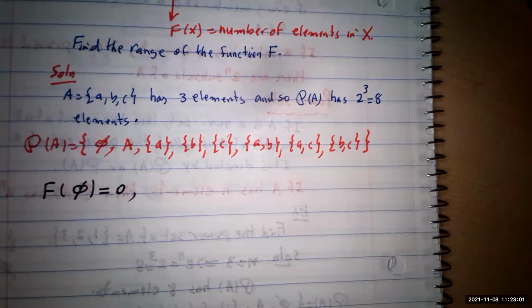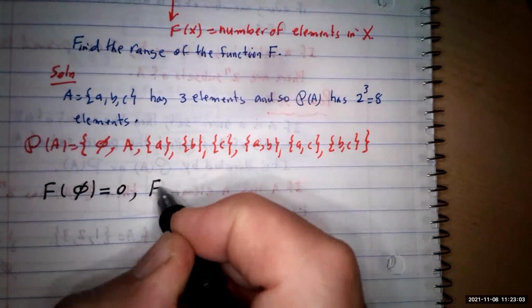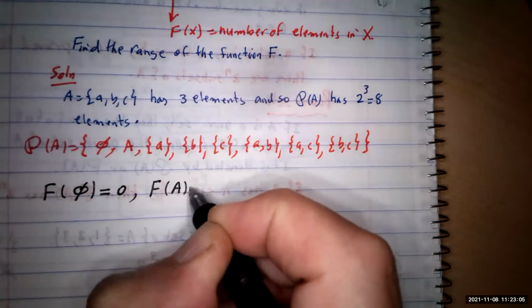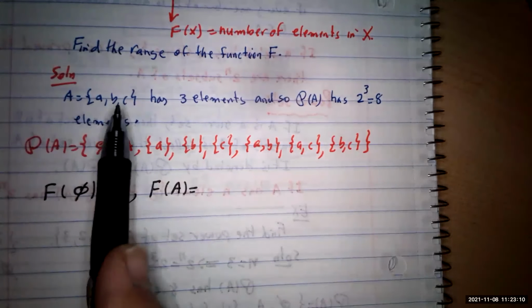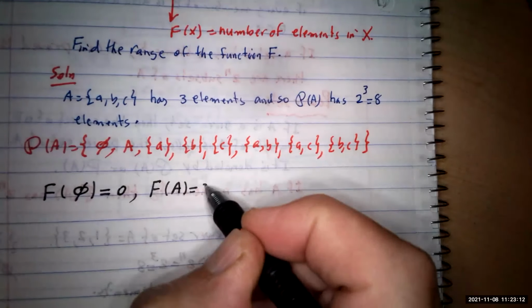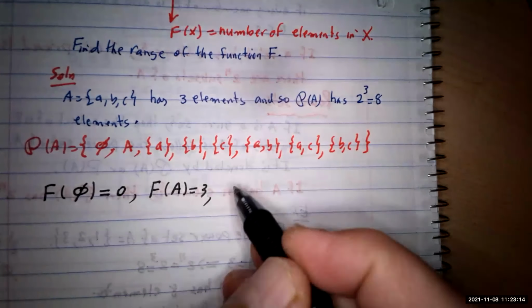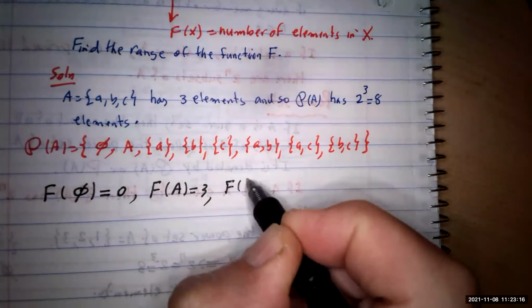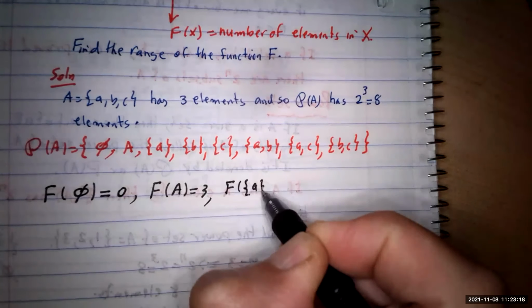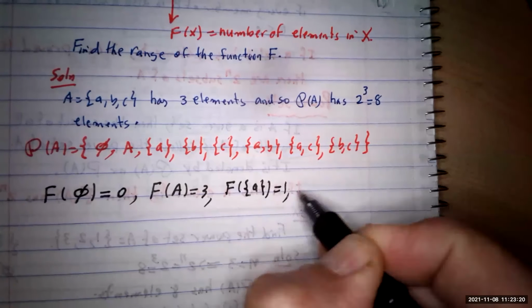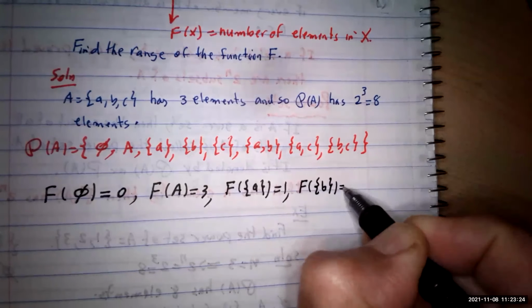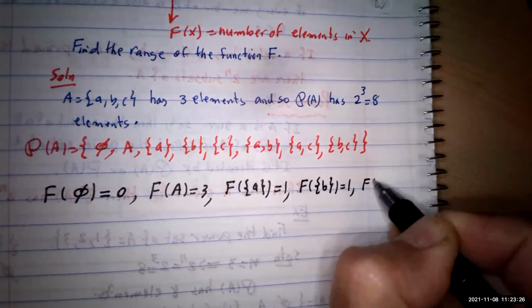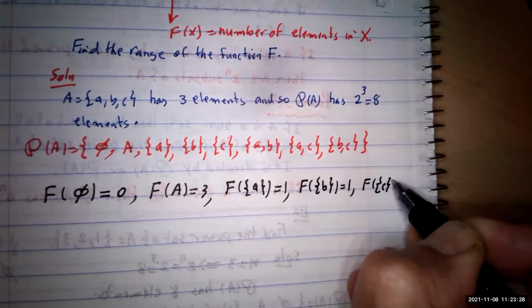Then you want to find f of A, the whole set. The whole set contains 3 elements, 1, 2, 3, so it's going to be 3. And then you continue. For the singletons, f of {A} is just 1, and the same thing for f of {B} or f of {C}.